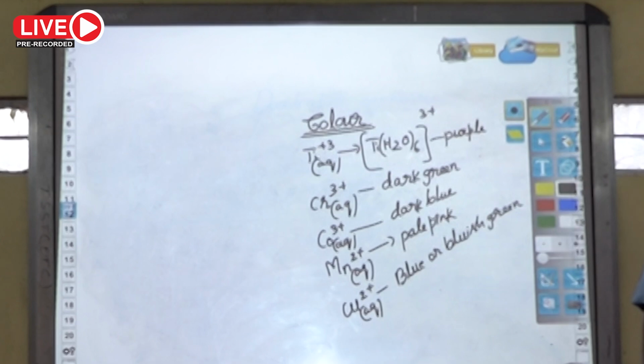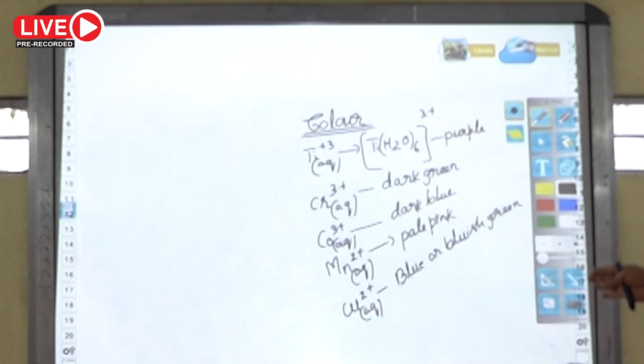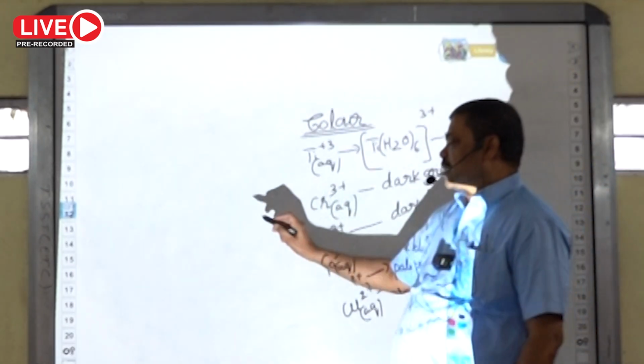A particular wavelength of light is absorbed by whom? The unpaired d electrons, and they jump into another d orbital of higher energy, which we call dd transition. Because of that dd transition, because of the absorption of a particular wavelength of light from the visible region, they exhibit color.